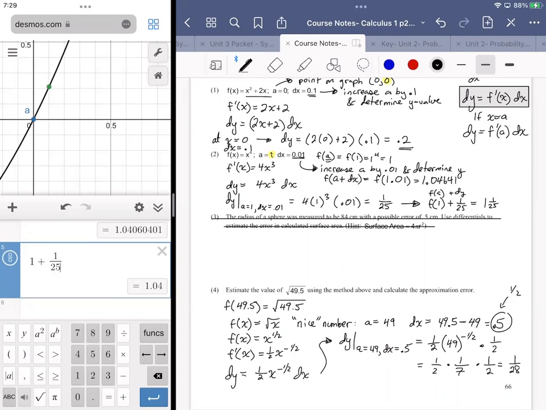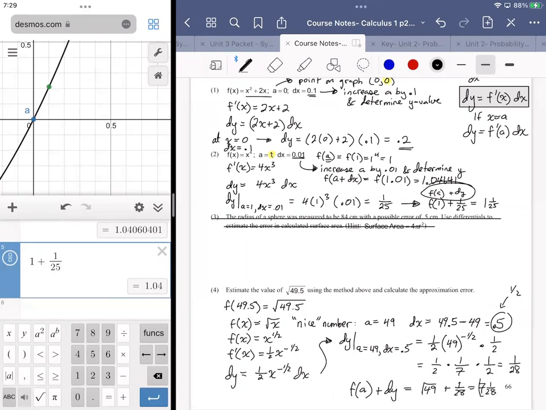So we know that f of 49 would be equal to 7, because that would apply 49 into the square root model. So just like what I said up here, if I take f of a and add to it dy, in this case I would get the square root of 49, add to it 1/28, and I get 7 and 1/28.